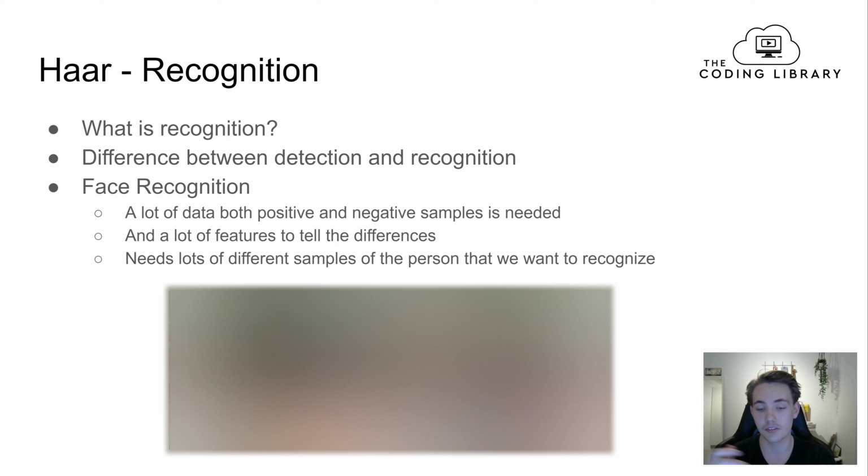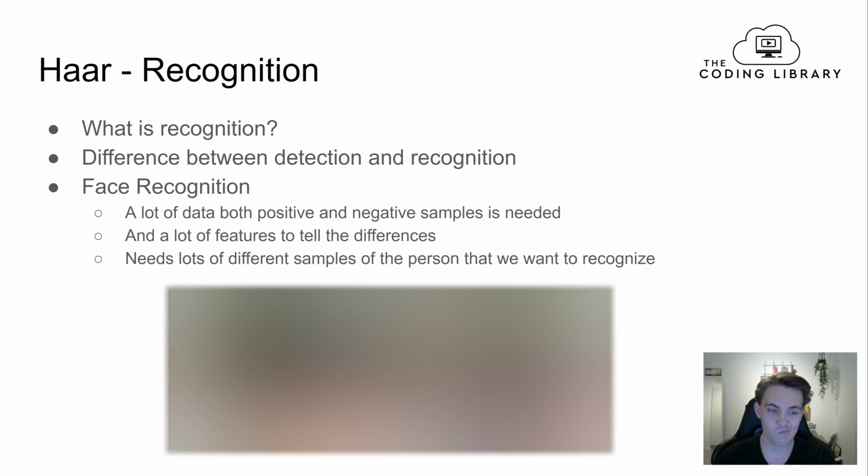We can detect, for example, a celebrity, and if another person came into the image, it wouldn't detect them, because it has recognized that it is this certain person and the other persons in the image are not that person. That is the difference between detection and recognition, and it's a really good thing to know.